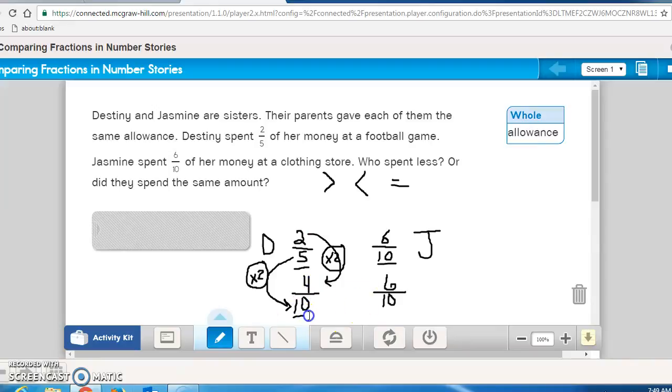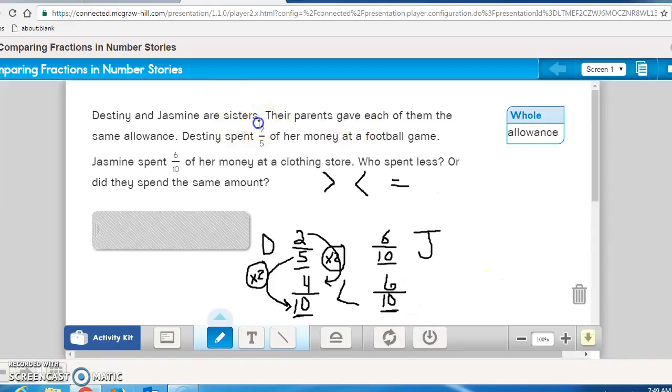Now that I have 2 fractions with the same denominator, I can give you an honest and precise answer. 4 out of 10 would be less than 6 out of 10.